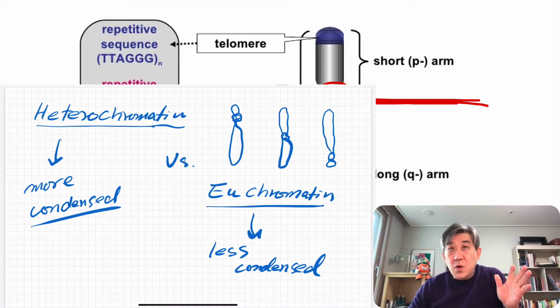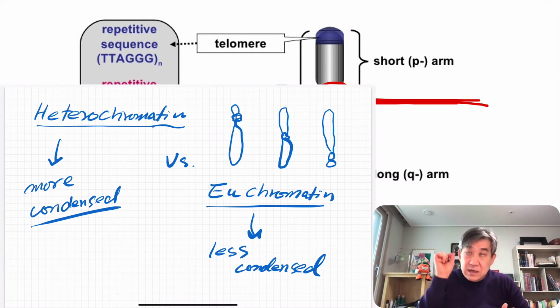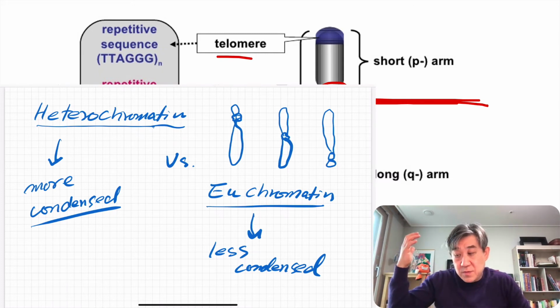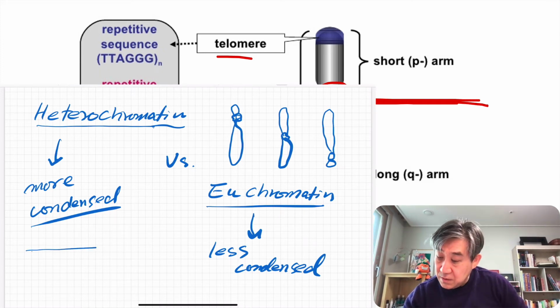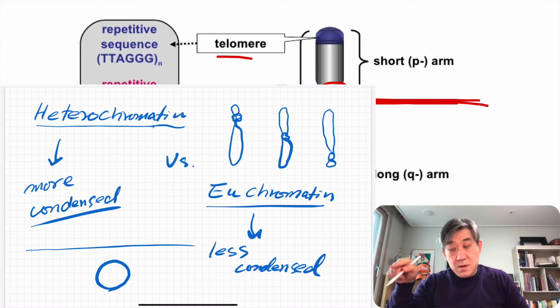So if this is called the centromere, then we have another area, the end area, the edge. The edge area of a chromosome we call a telomere, the end of a chromosome. Remember, the eukaryotic chromosome is linear, unlike prokaryotic DNA, which is circular.